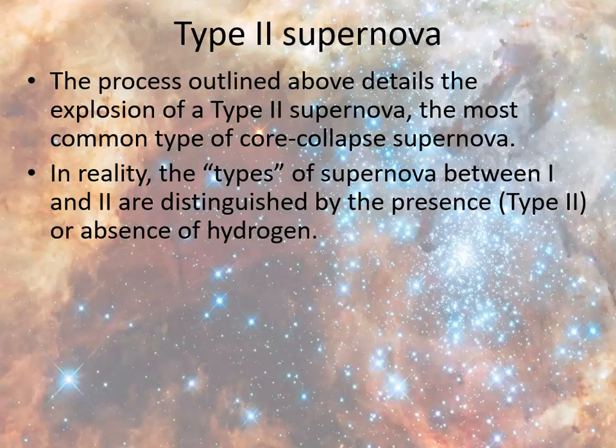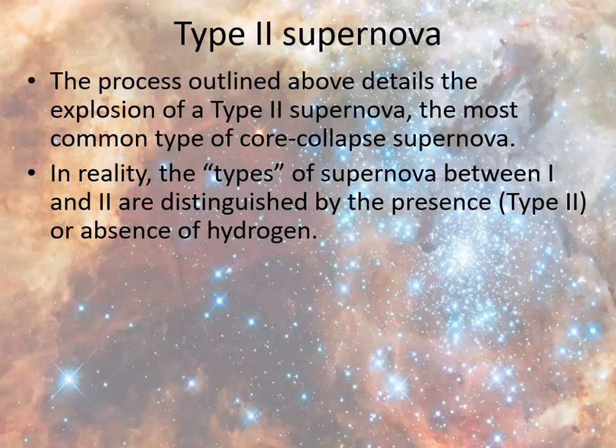The distinguishing feature is whether they have hydrogen in their spectra, that's the case with type 2 supernovae, or whether they do not have noticeable hydrogen lines in their spectra. Those are what we call type 1 supernovae. Now, all type 2 supernovae are some sort of core event supernova in which something has happened in the star's core to cause the star to explode.